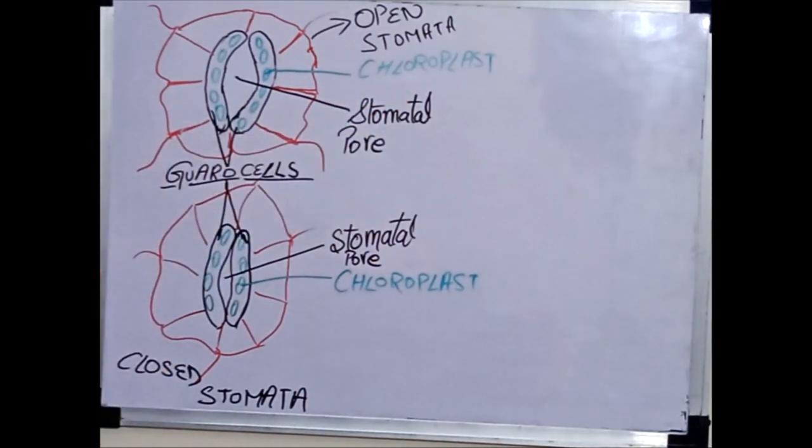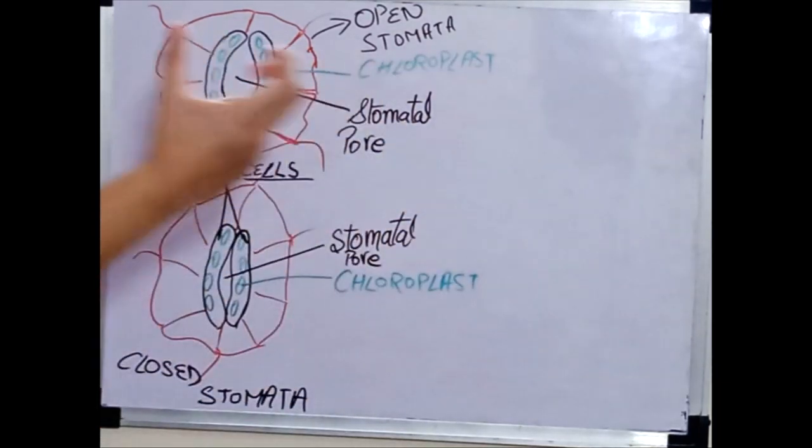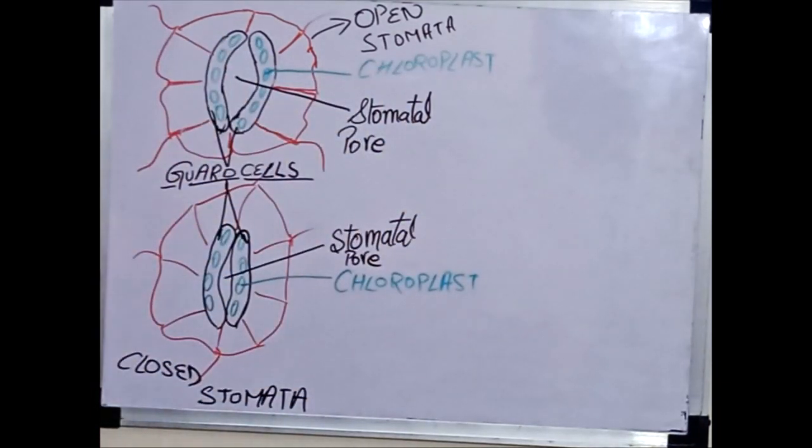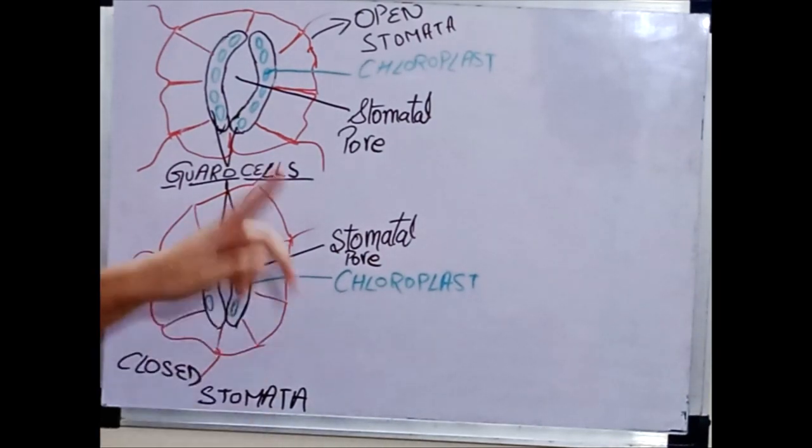During photosynthesis, we need CO2, carbon dioxide from the atmosphere, and for that we need an opening, isn't it? Like we humans, when we breathe, we have our nasal cavity and our mouth to breathe in air.